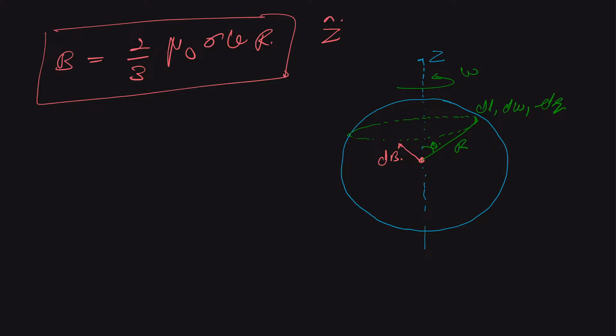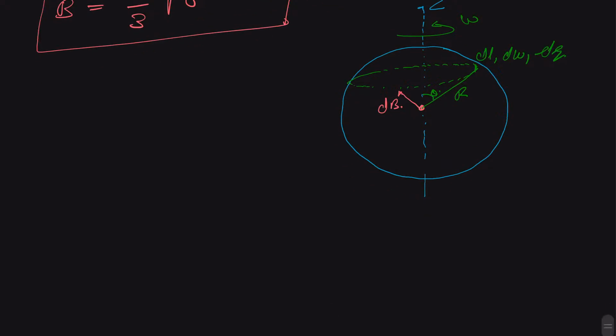And here we know that we have done it multiple times also. Suppose this is our ring, and we are going to find out magnetic field at this point. So for a current element, suppose here it is our dl1, there will be an opposite diametrically current element, another one that is our dl2.